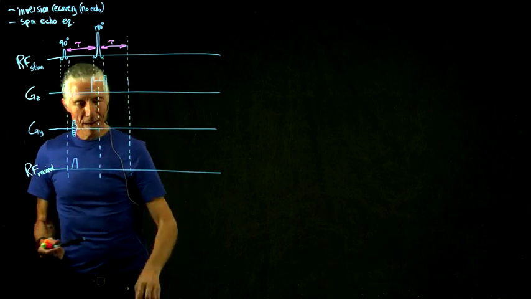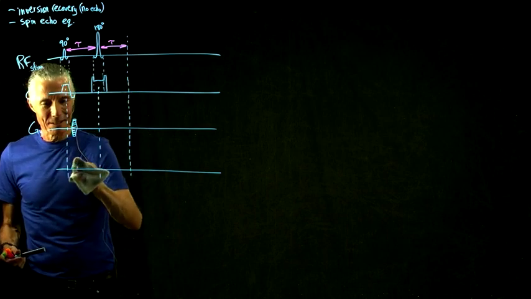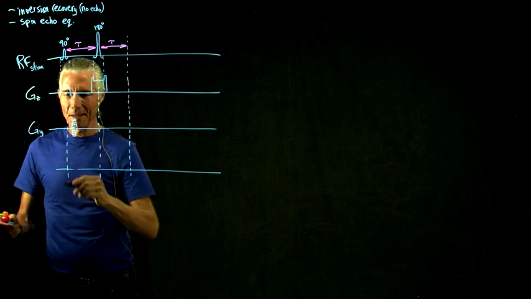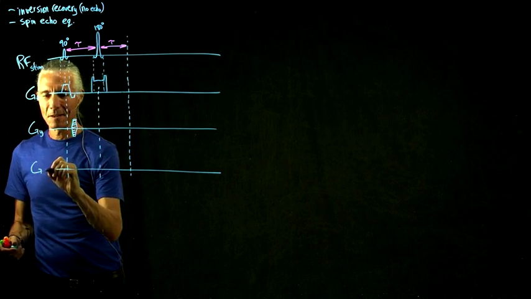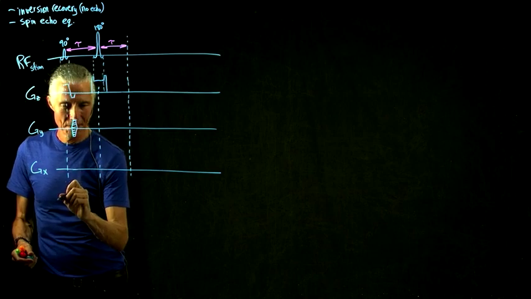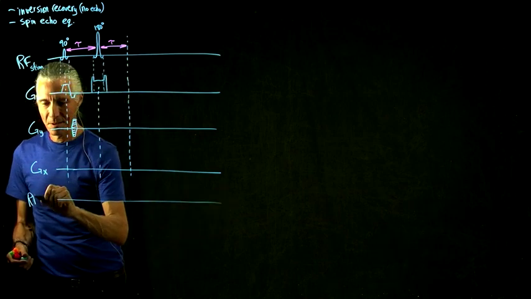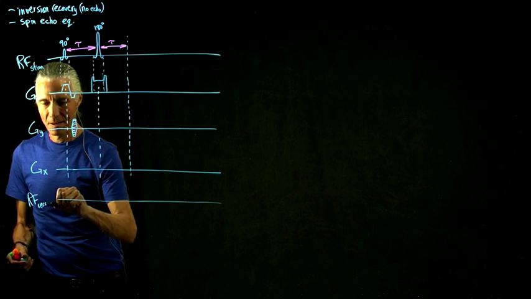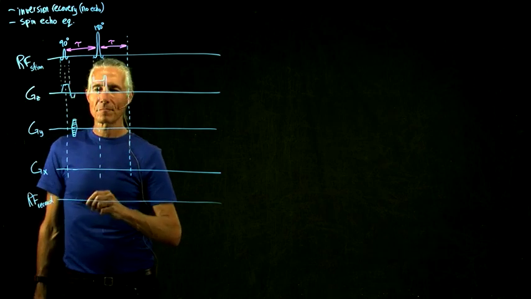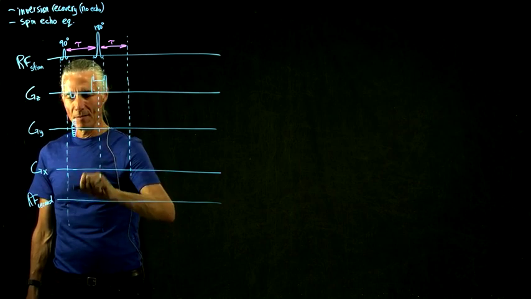Wait, I left out a gradient. Sorry. Gx gradient. Okay. And here's the RF record. Okay, so what is going to happen in our RF record? Well, we get a big FID, which we'll throw away here.